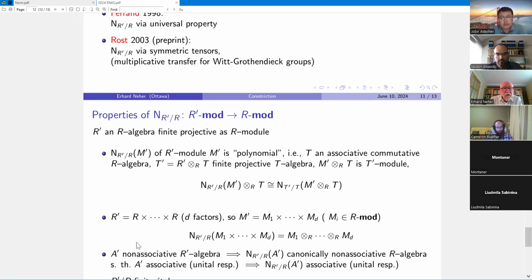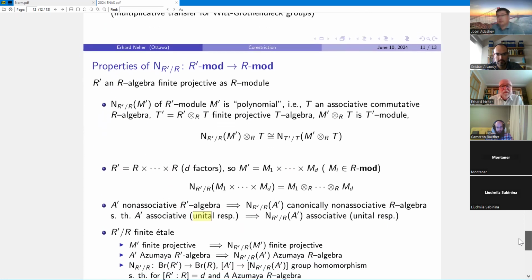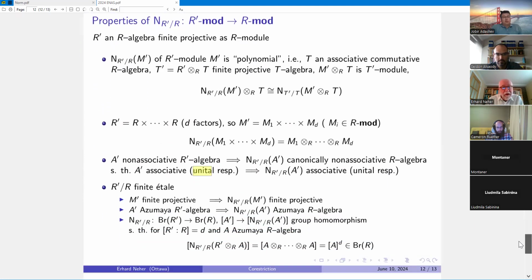If you have an associative or non-associative R prime algebra, there exists a canonical product on the norm. It preserves associativity. It preserves unital algebras. Now you would like to have that it preserves finite projectiveness. It preserves Azumaya algebras, but it does in general not preserve finite projectiveness.